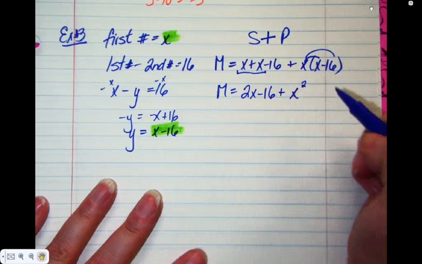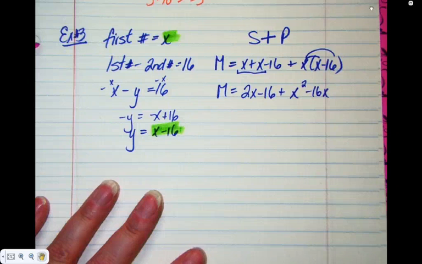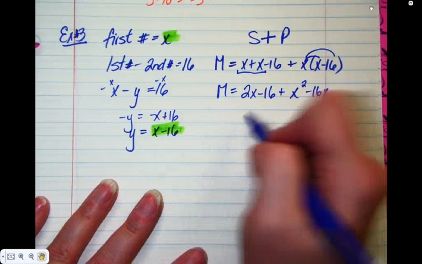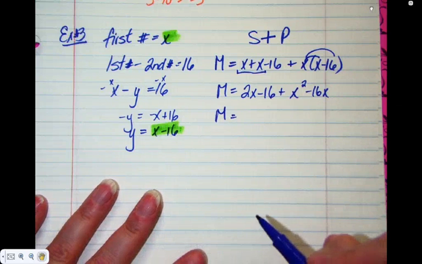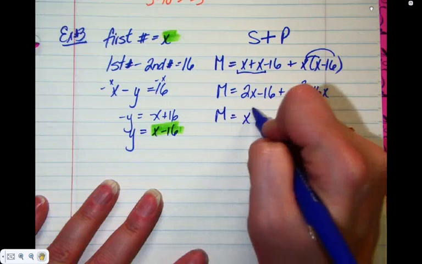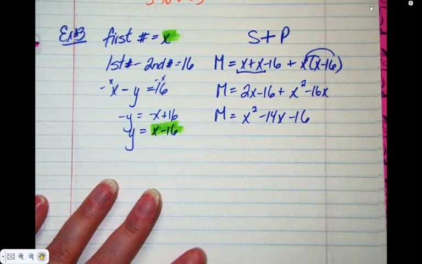Or a little tiny quiet x squared. A little bit louder, minus 16x. Okay, and if I simplify all that, there's the offer.